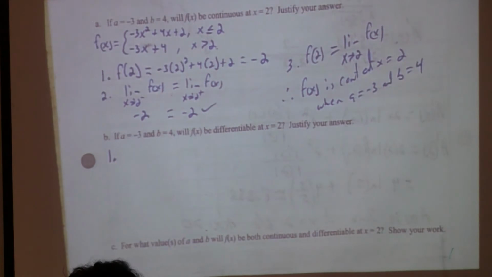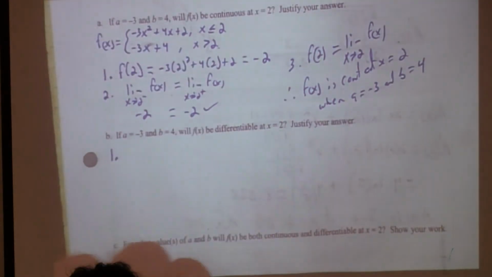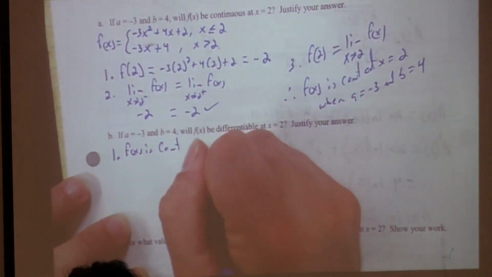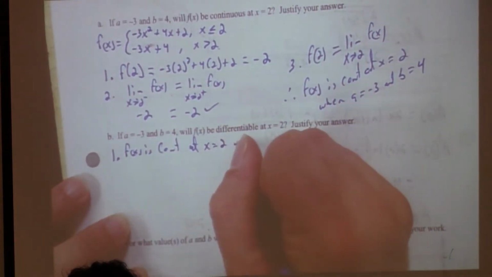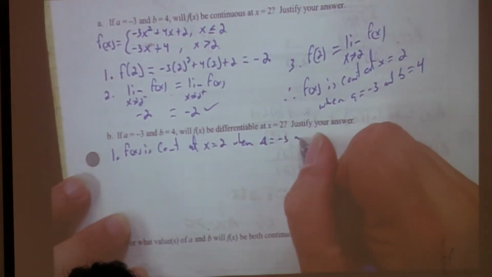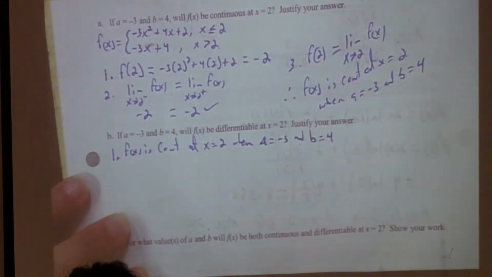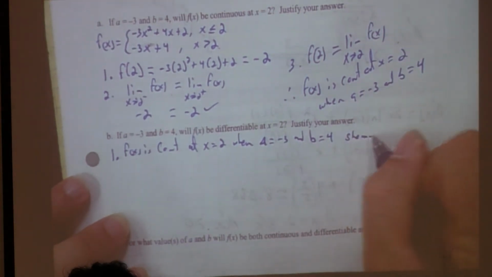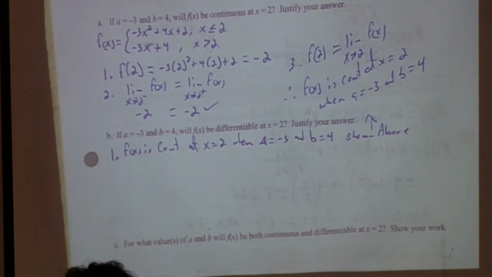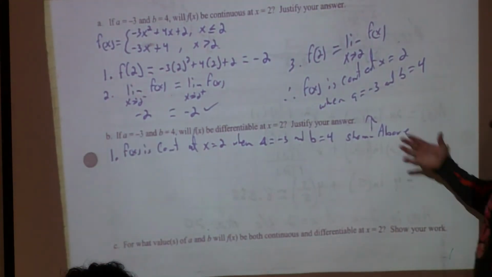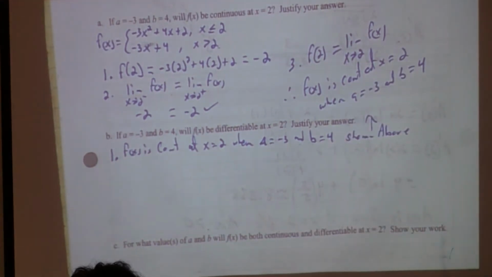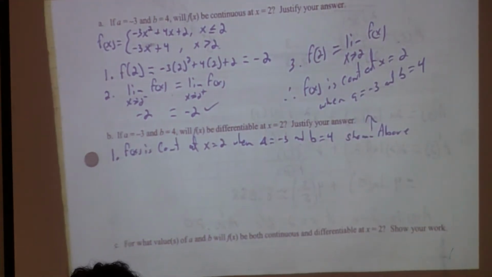So let's write down: f of x is continuous at x equals 2 when a equals -3 and b equals 4, shown above. If I hadn't done part A, then on this question I would have to do part A plus the second step of part B. Does that make sense?